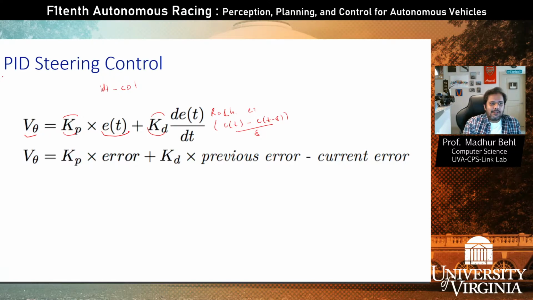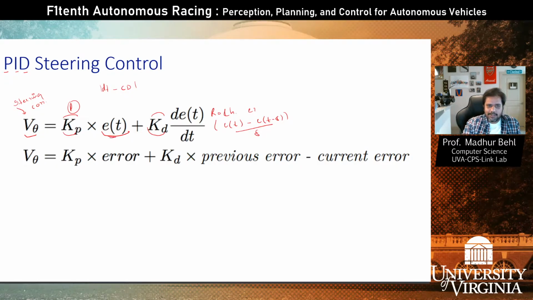So this is what is called proportional integral derivative control, where your control signal, so this is our control signal that we will send to the car, which will be in form of a steering correction or a steering value as well. And so the steering correction is proportional to this proportionality constant.